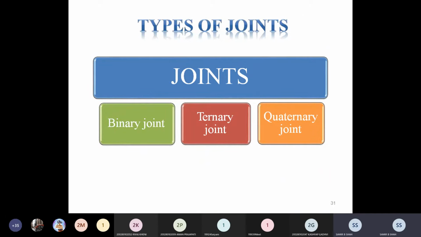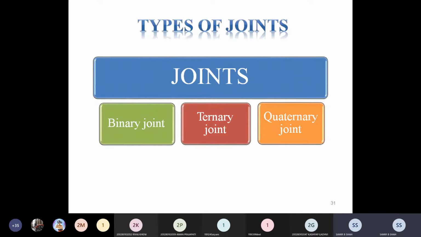Many students are confused between joint and pair. When asked for the types of joint in a chain, you can divide them into three parts: binary joint, ternary joint, and quaternary joint.